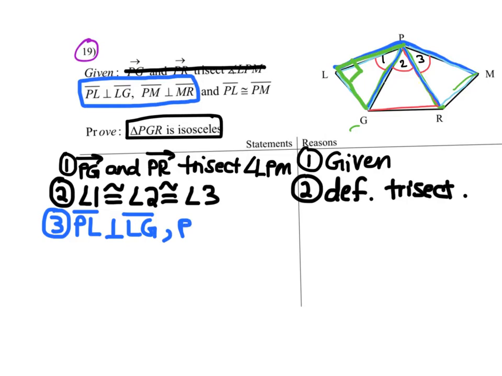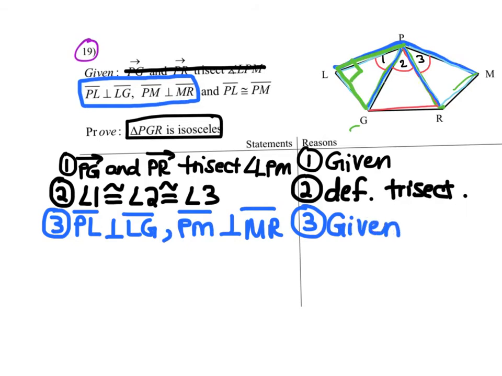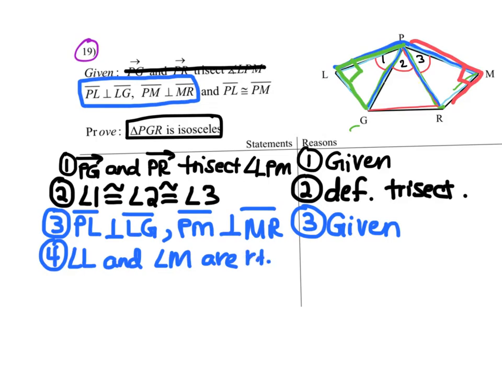And also that PM is perpendicular to MR. So there's another right angle. So angles L and M are right angles. That's what comes from that given. Angle L and angle M are right angles, if perpendicular, then right angles.